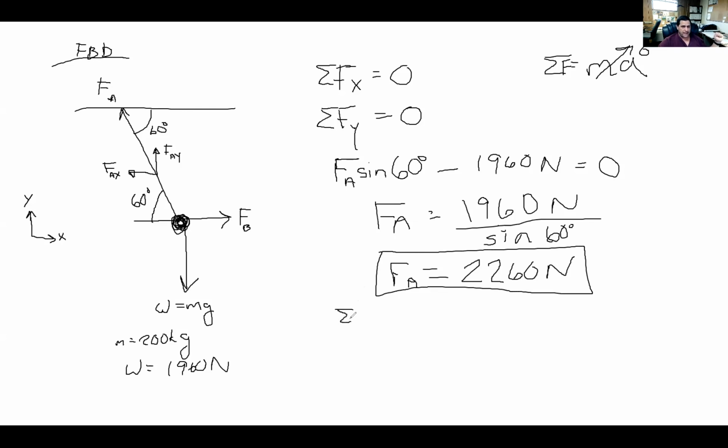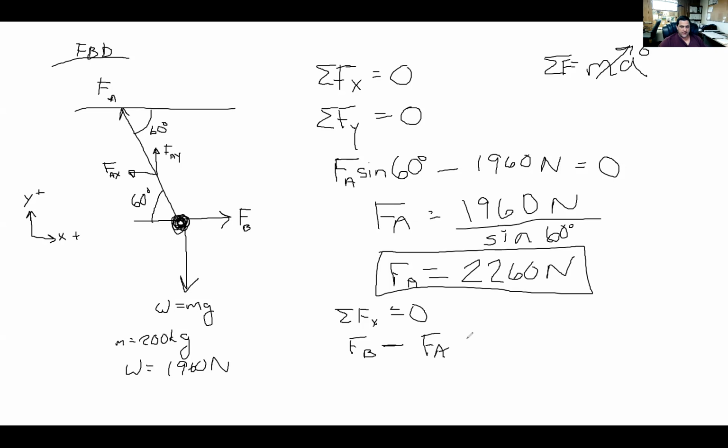And in order to do that, I'm going to sum forces in the X direction. So in the X direction, I have this positive FB force, and FA is going in the opposite direction. So I'm saying this is positive in the X and this is positive in the Y. So this is going in the opposite direction.